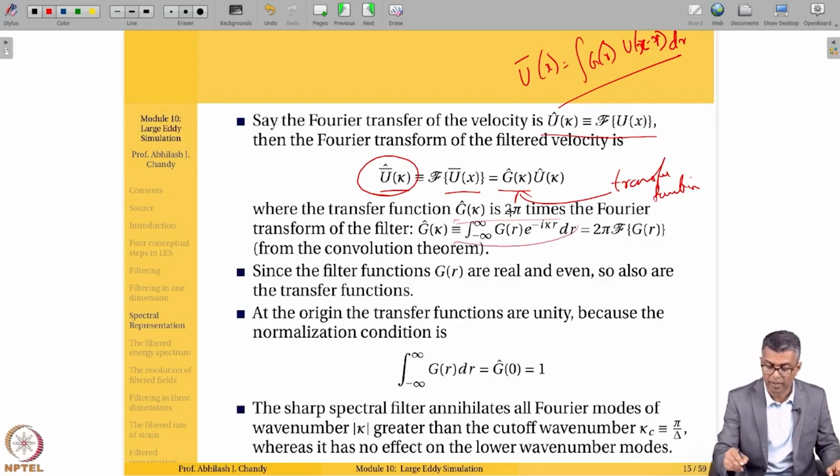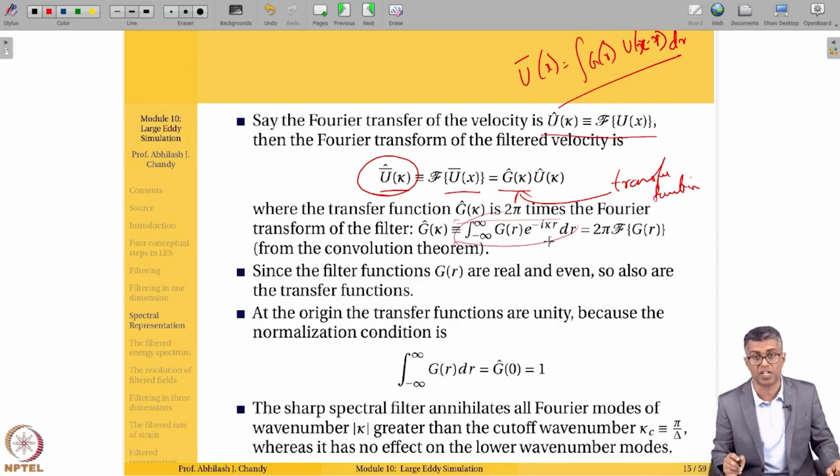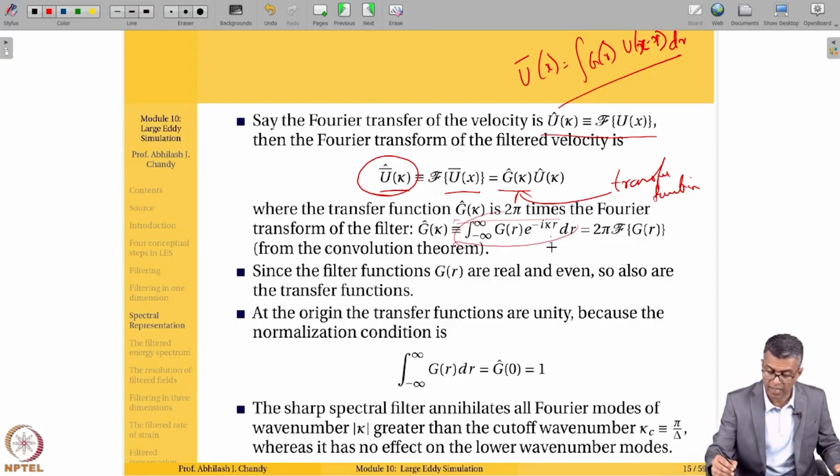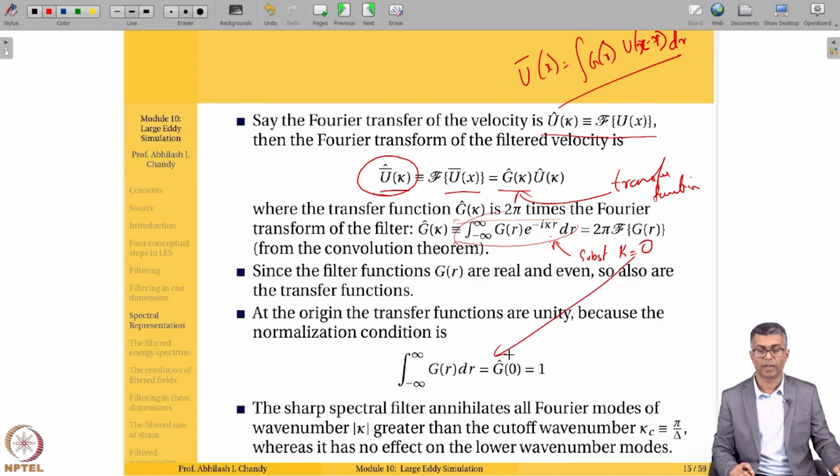And from here, if I substitute kappa equal to 0 in this equation, I get the integral from minus infinity to infinity of g of r dr, which is going to be equal to 1, and this would be equal to g hat of 0. So because of the normalization condition, g hat of 0 is equal to 1.